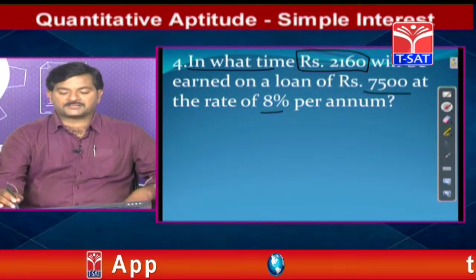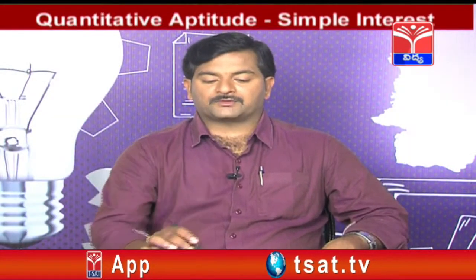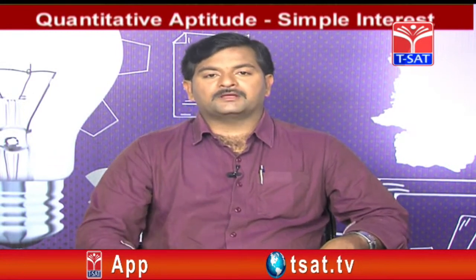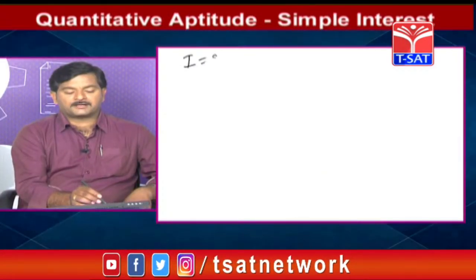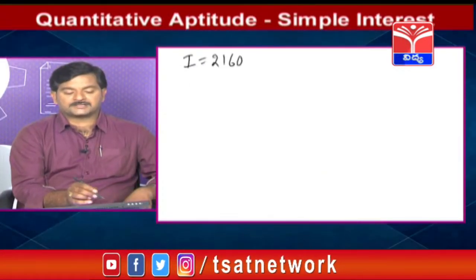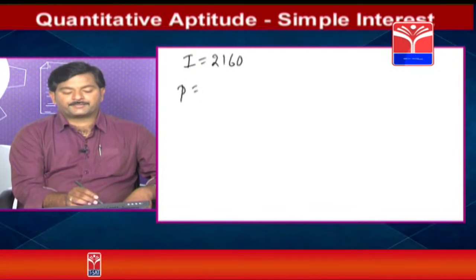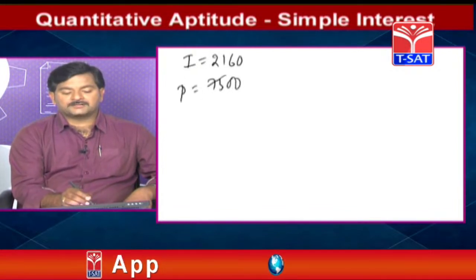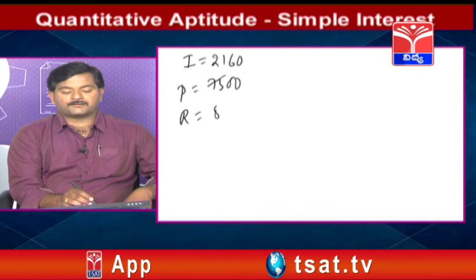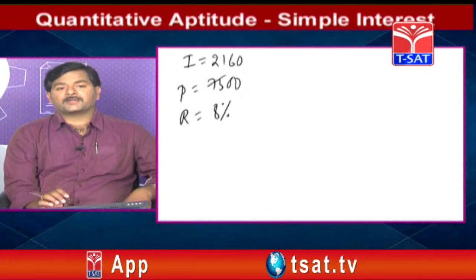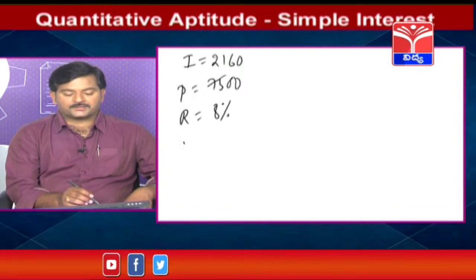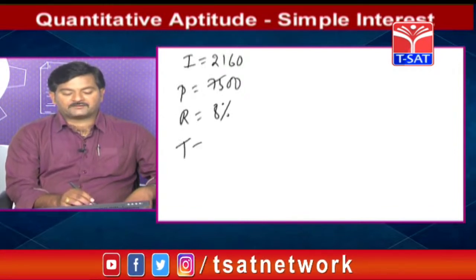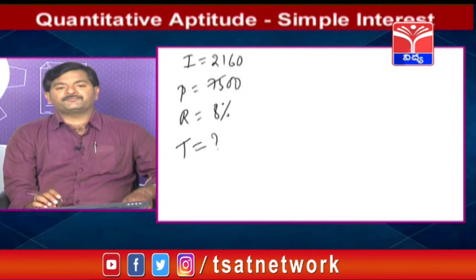So all the parameters are given, then we can solve very easily. Now we will take each and everything he has given. First of all, I value given, interest is equal to 2160, P value given, P is equal to 7500, R value given, how much percentage? 8%.